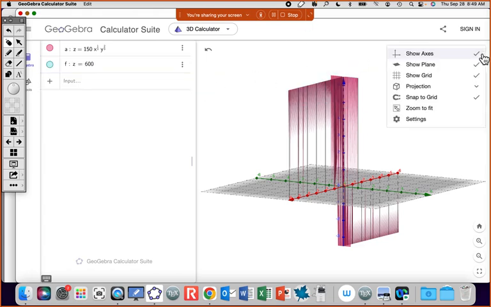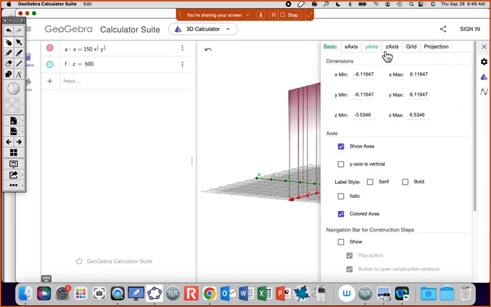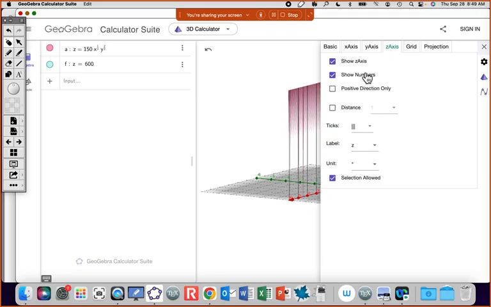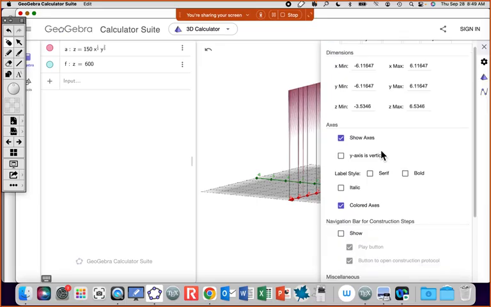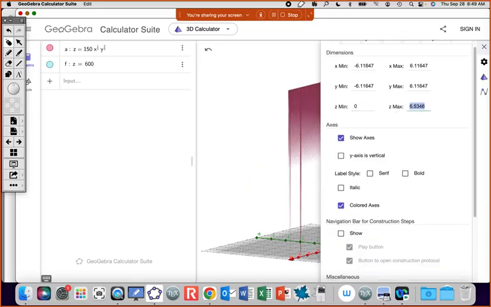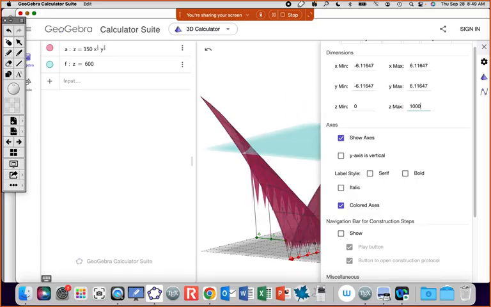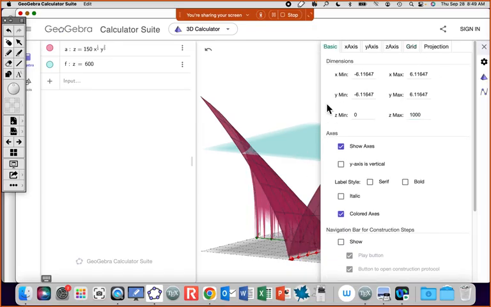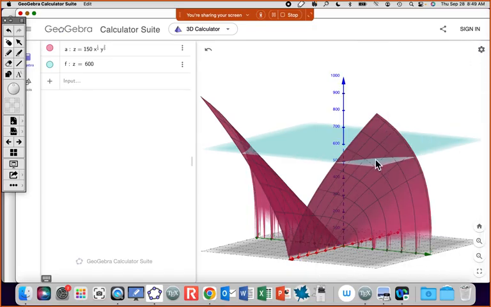And we'll try to get the z-axis going here. So we'll go from 0 to, let's say, 1,000. Let's see if it'll do it. It's being a little tetchy today. Looks like we got ourselves a graph.